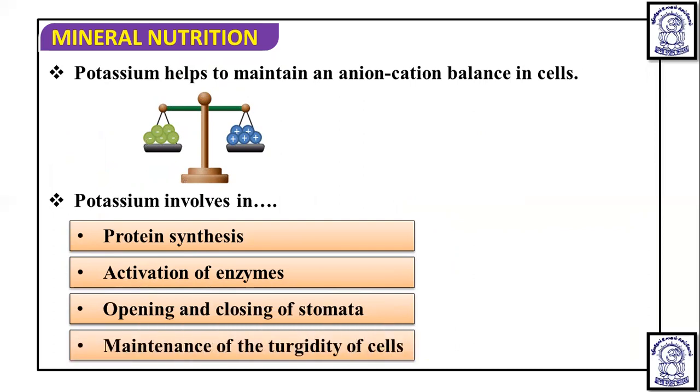For the opening of stomata, the turgidity is maintained specifically in guard cells. So potassium plays a role in stomatal movement also, along with maintaining turgidity and anion cation balance. These are all important things.